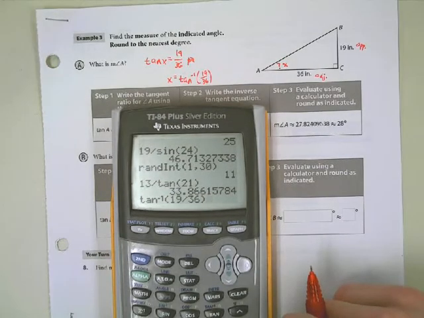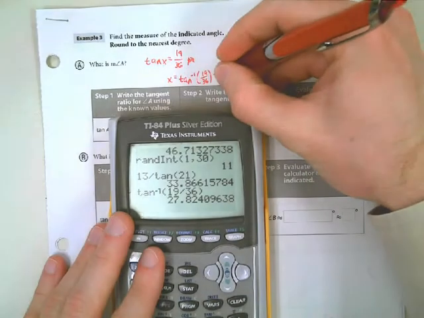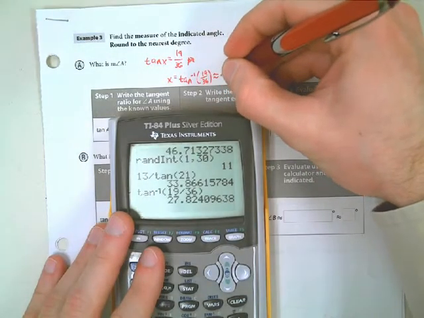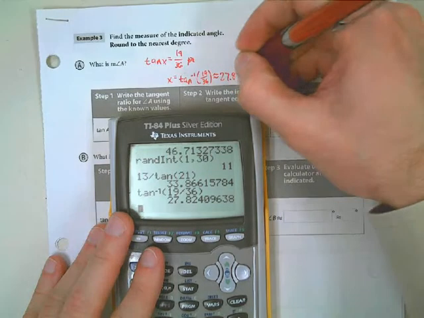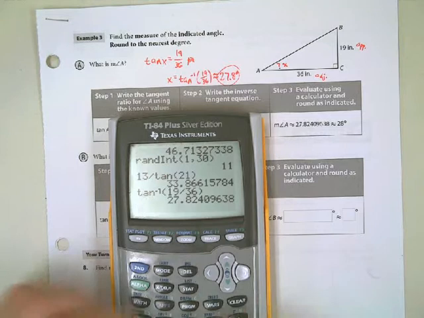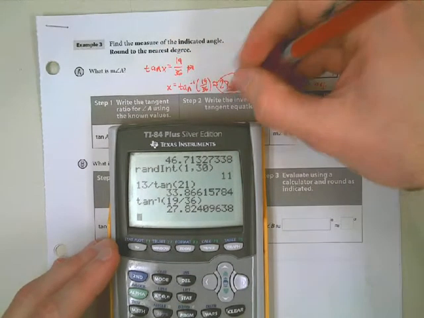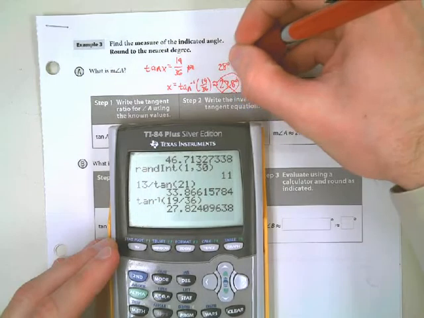Okay, hit enter. And that's our angle measure. Okay? And we'll say that's approximately 27.8 degrees. Actually, it says round to the nearest degree. I apologize. We actually want to say 28 degrees there. Round to the nearest degree, so 28 degrees.